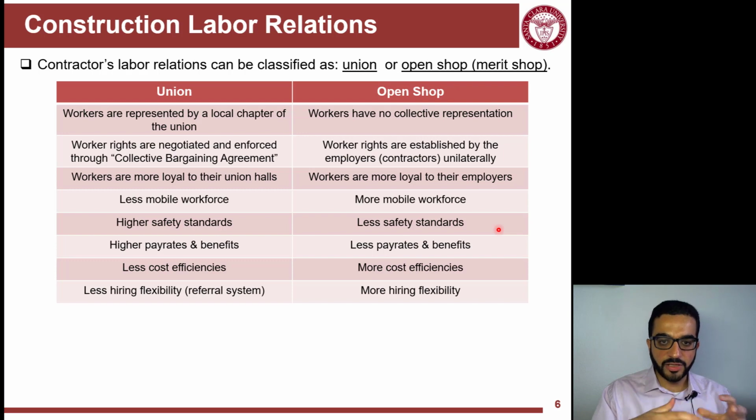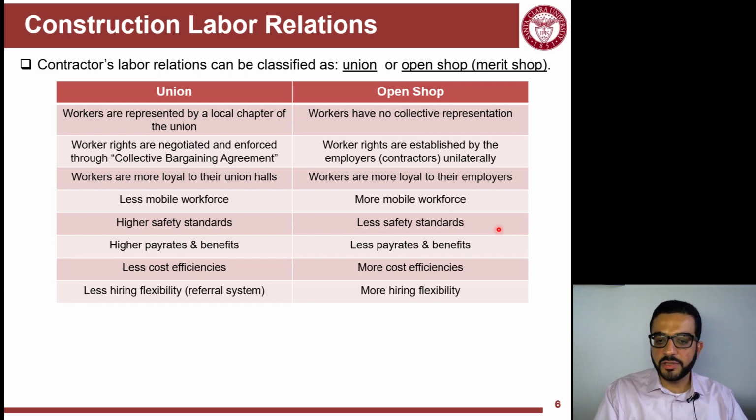Generally, there is an understanding that union workers respect and uplift safety standards, which is not the case for open shop. And in return, they also expect higher pay rates and benefits. Benefits in unions are very good, and that's the main driver for workers to join unions.